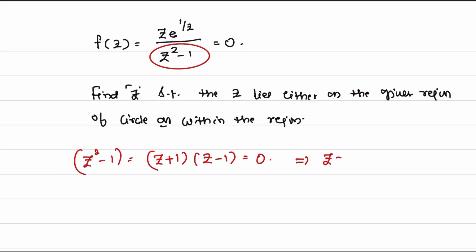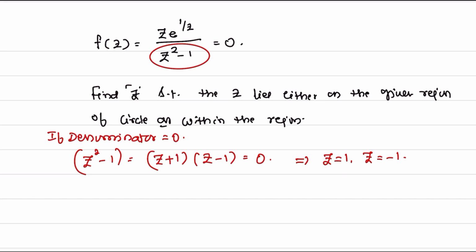That implies z is equal to 1 or z is equal to minus 1, if the denominator is made 0. These are called the points of singularity.